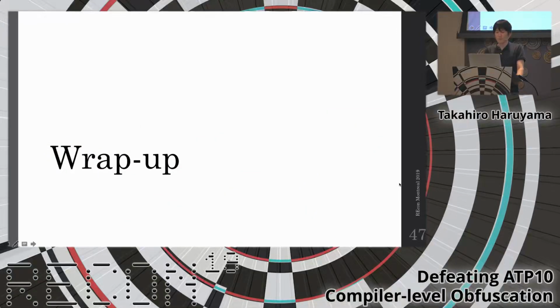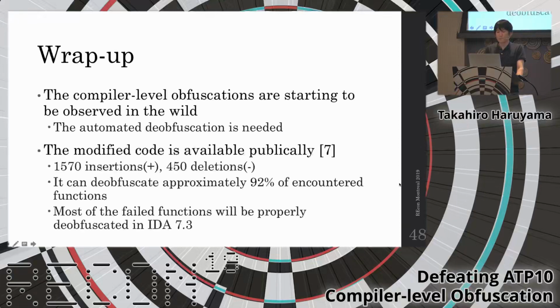I wrap up my presentation. The compiler level obfuscations are starting to be observed in the wild. The manual analysis is painful and time-consuming, so the automated deobfuscation is needed.